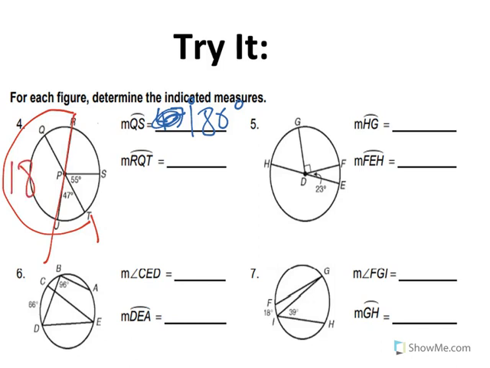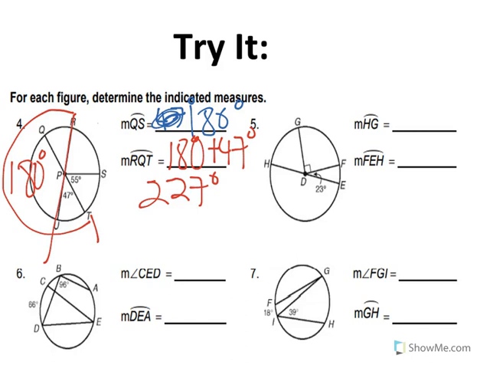So this is 180 degrees already. So then RQT would be 180 plus 47. So this is 227 degrees. Right? And then, okay, let's go to number 5.